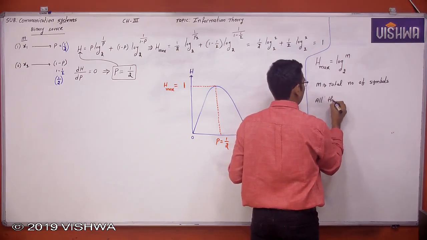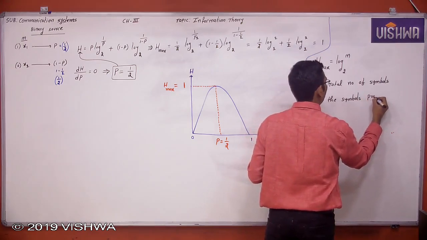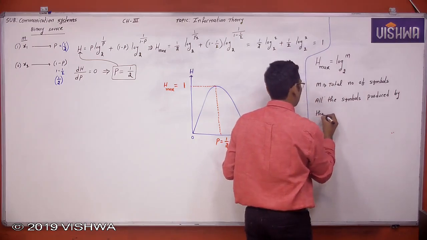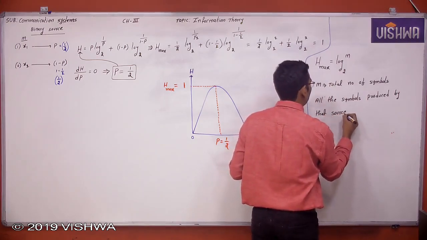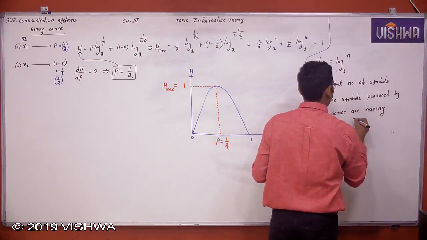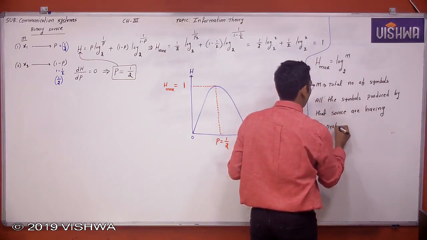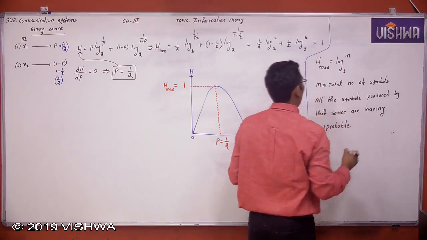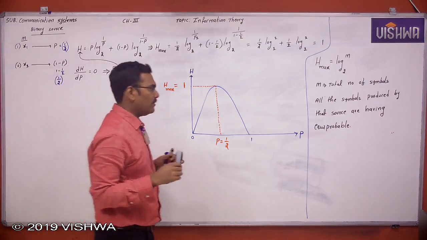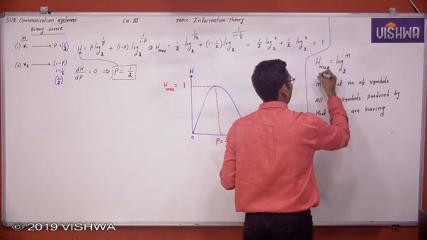All the symbols produced by that source are equiprobable, then that source generates maximum entropy.